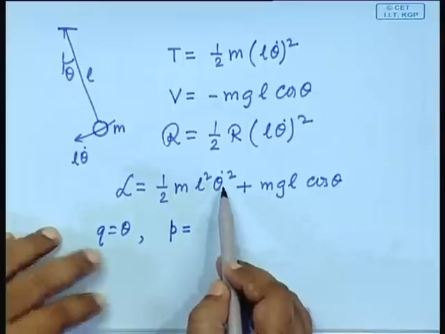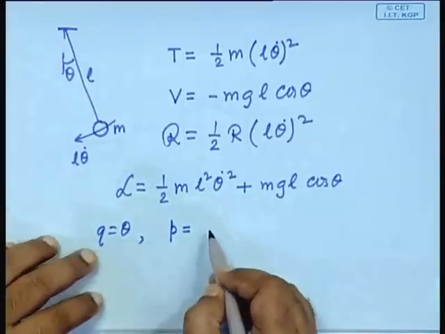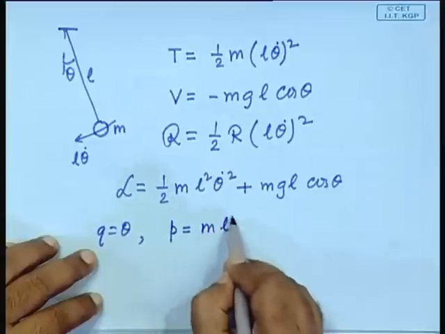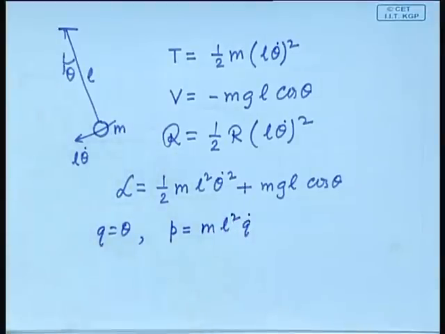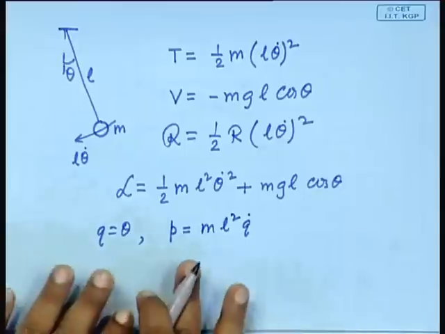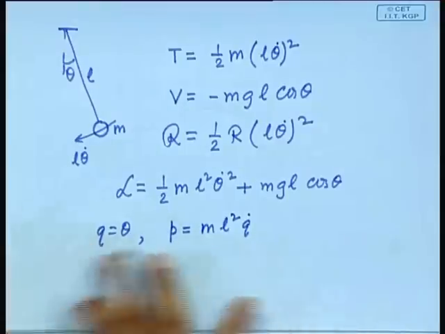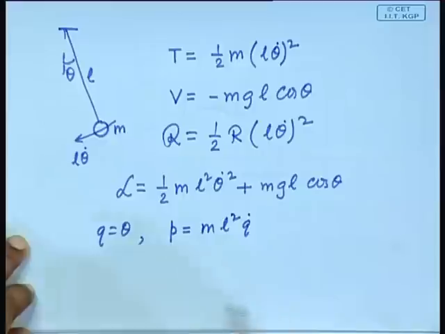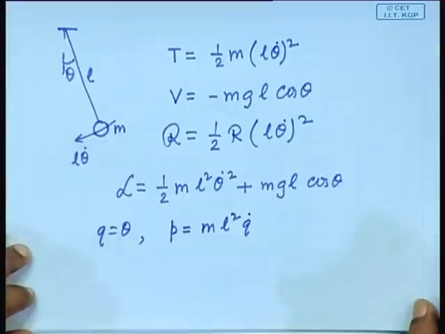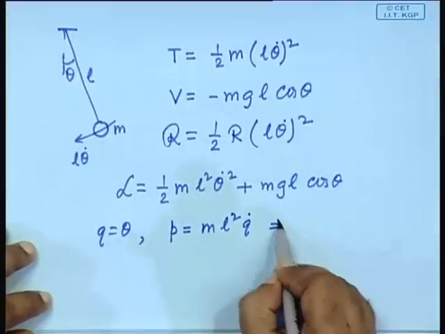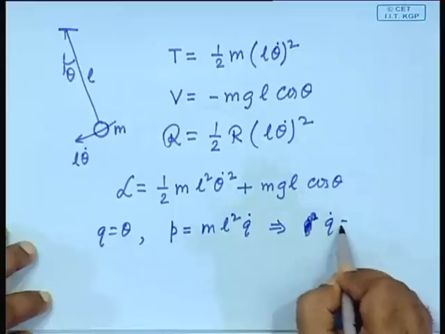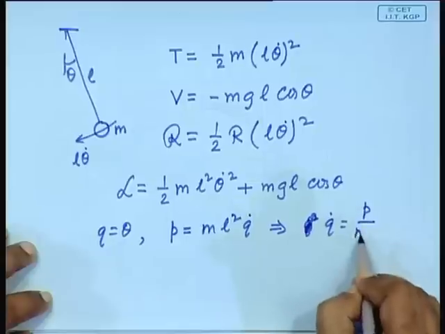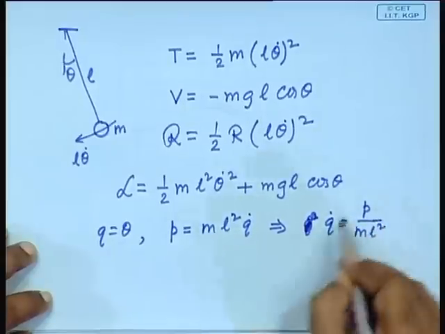Yeah, m L square q dot. We need to obtain two differential equations, so that is why I am writing p and q. So, this gives immediately q dot is equal to p by m L square, which is a differential equation.